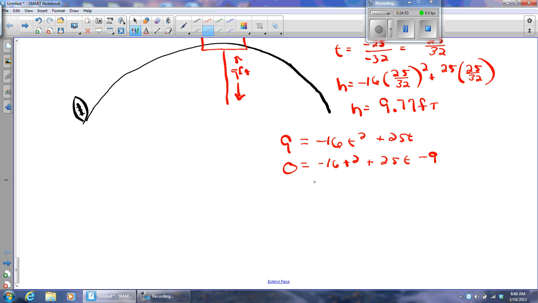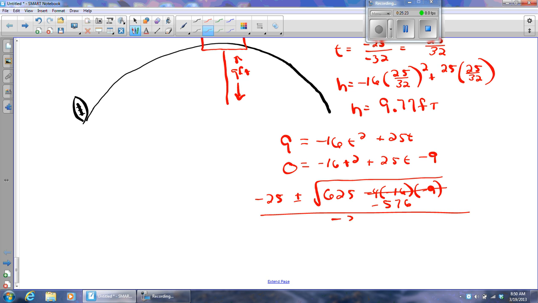Then I'm going to go to the quadratic formula. I get negative 25 plus or minus the square root of 25 squared, which is 625, minus 4ac. So it's 36 times 16, which is 576.